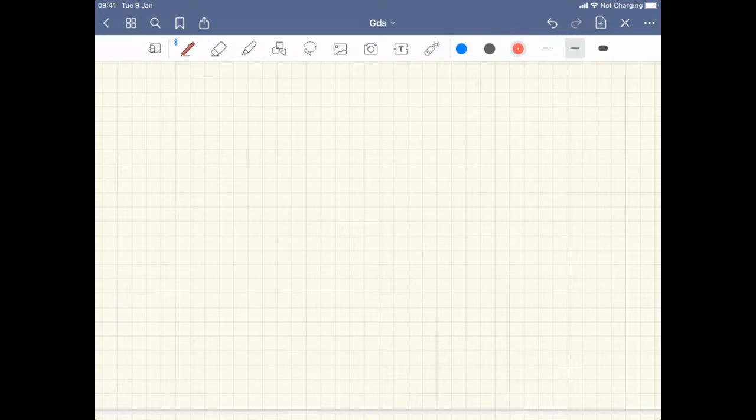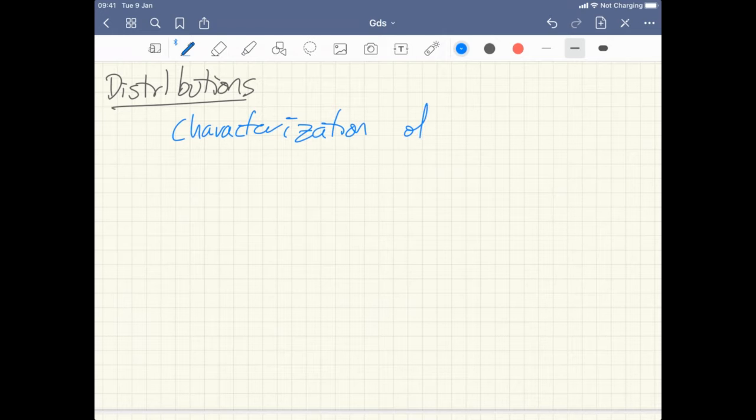Starting off with regression as a distributional model. In section 2.1 and 2.2 of the Gelman book, he talks a little bit about statistical distributions. And a distribution is just a characterization of the outcomes of a random variable.